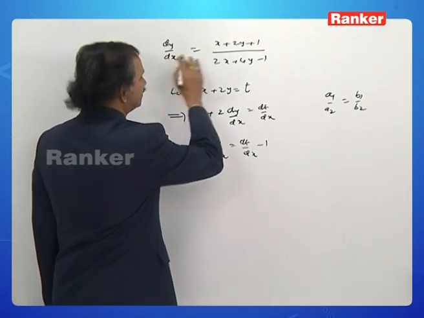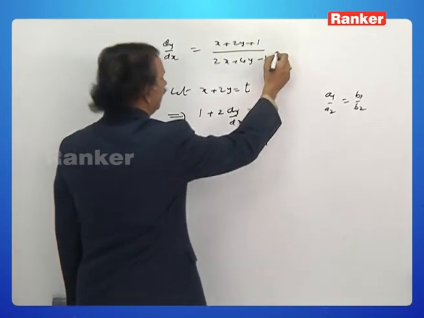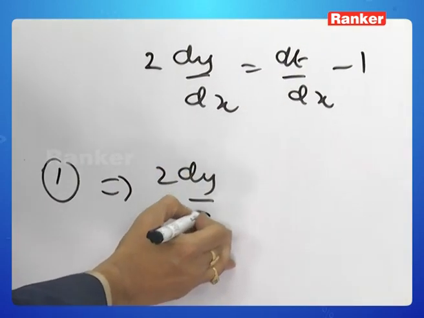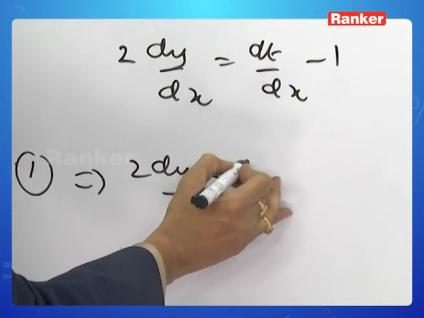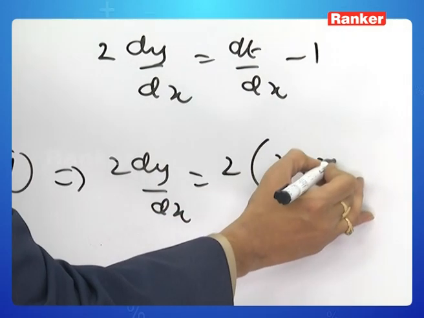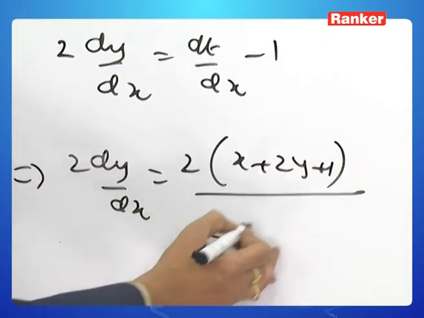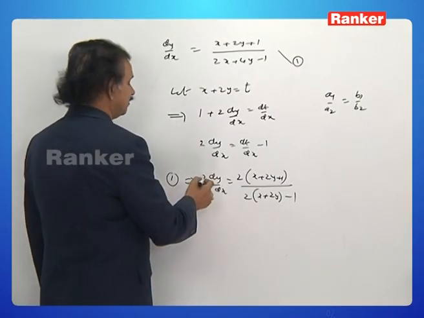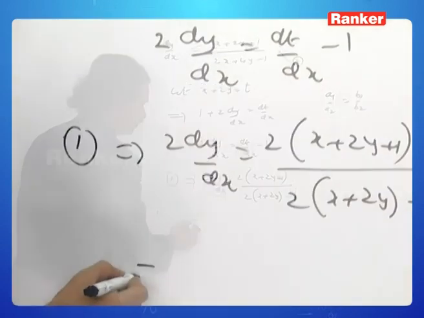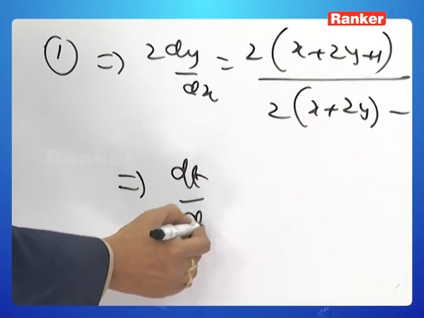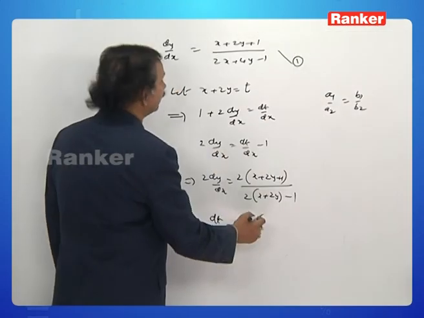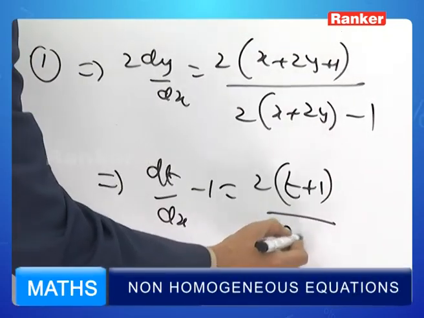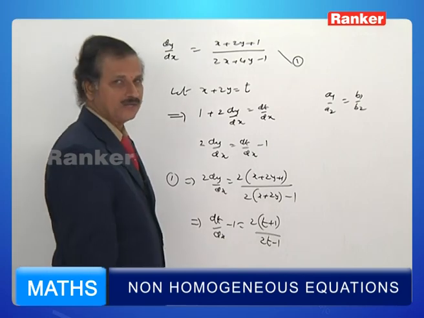Well done. Multiply this with 2. What happens? Let me call this 1. 1 implies 2 dy by dx is equal to 2 into (x plus 2y plus 1) by (2 into (x plus 2y) minus 1). But you see, 2 into dy by dx is nothing but dt by dx minus 1. dt by dx minus 1 is equal to 2 into (t plus 1) by (2t minus 1).